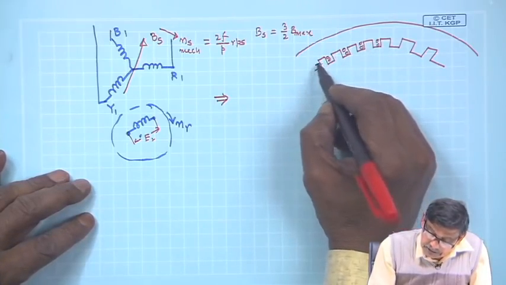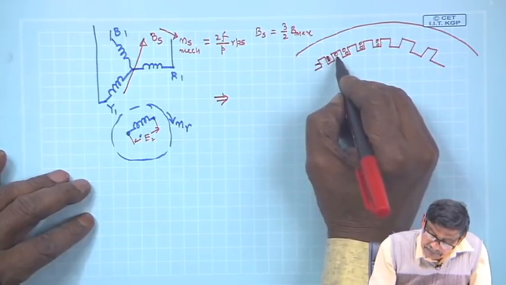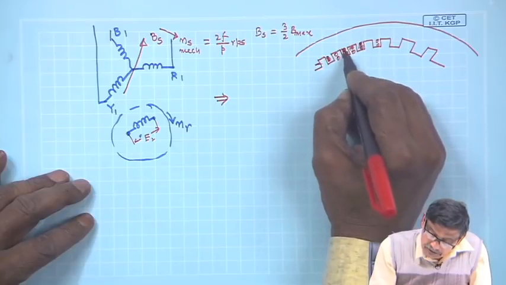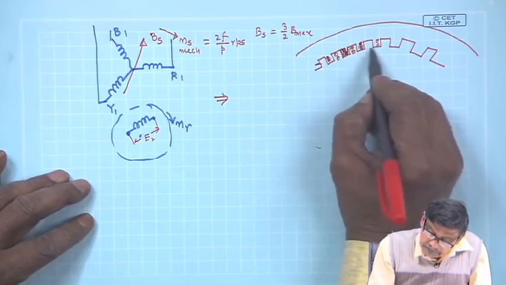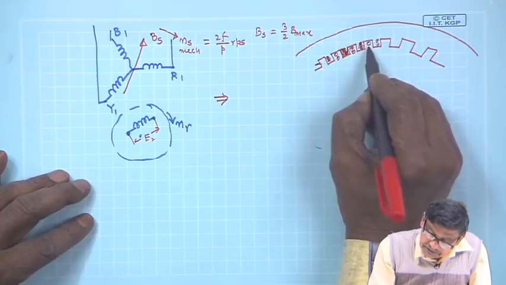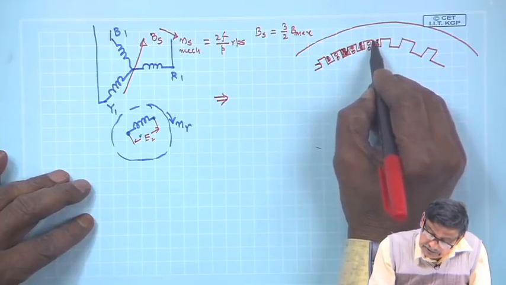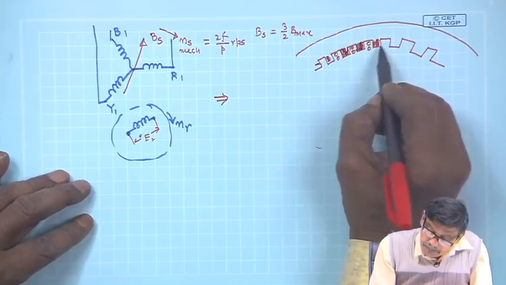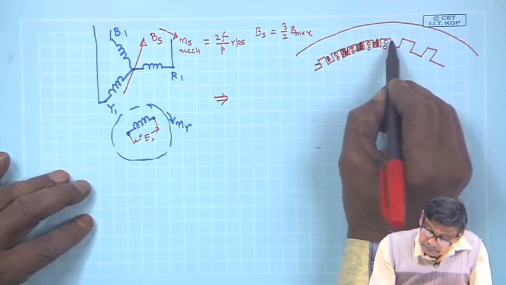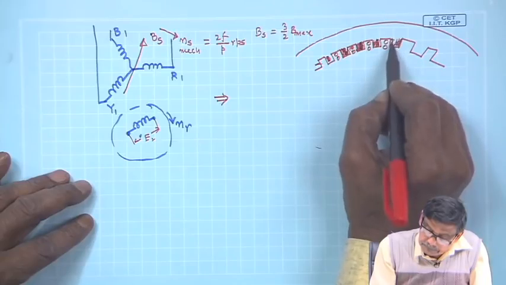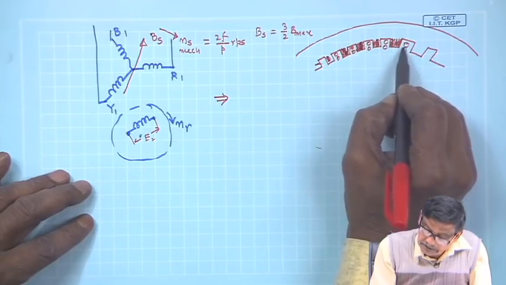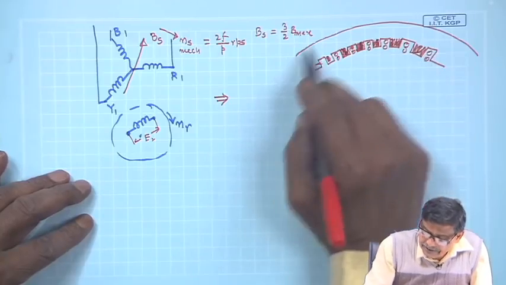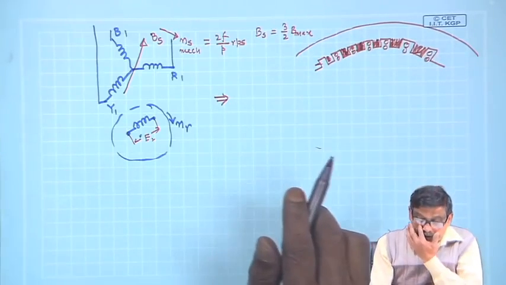I am drawing totally wrong, it should be here, is it not? These are slots. In these slots the conductors are there, on the inner surface, this is a slot, this is a slot. This is a slot, and here you place the conductor, here you place, like that a 3-phase balanced winding is there on the stator.